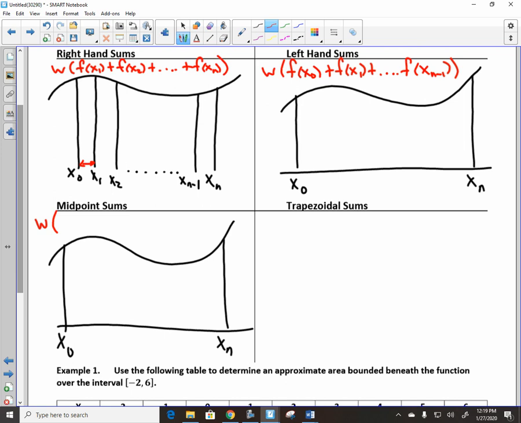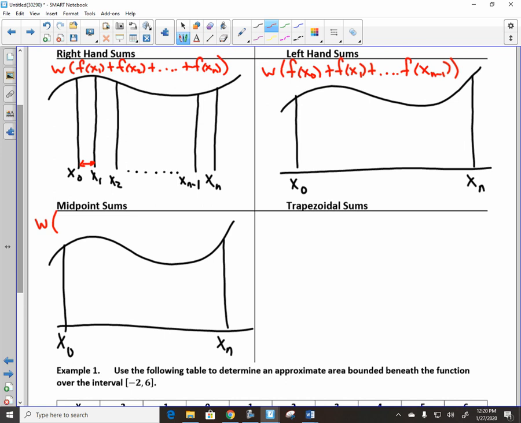I have the width times, if we look back to our original drawing, anybody want to guess what we try to do to evaluate the first height? Hint, it has to do with midpoint. We find the middle of these two. We take x sub 0 plus x sub 1 and we divide it by 2.